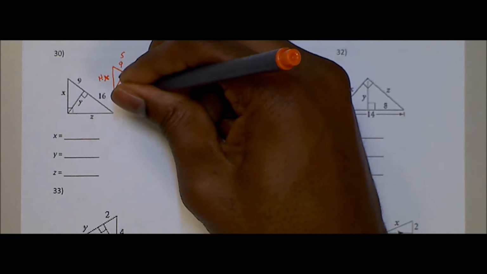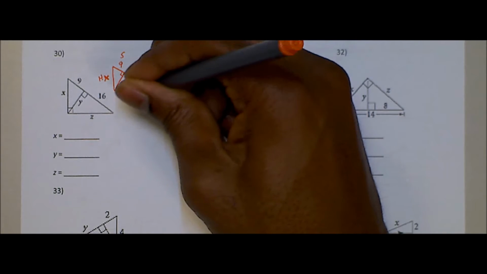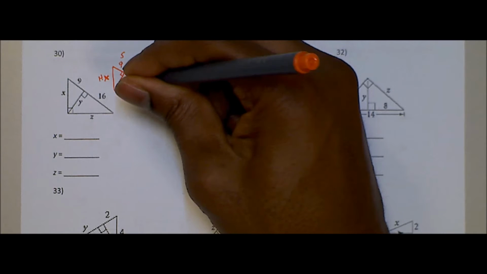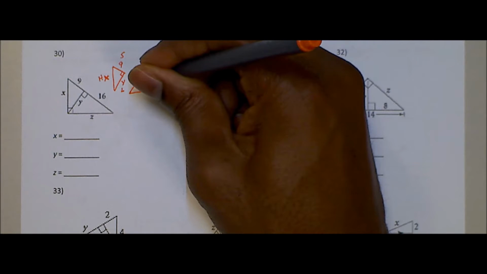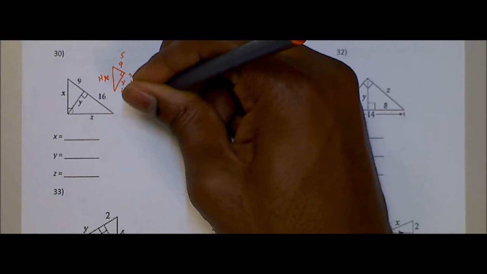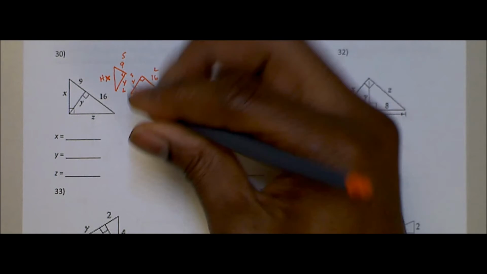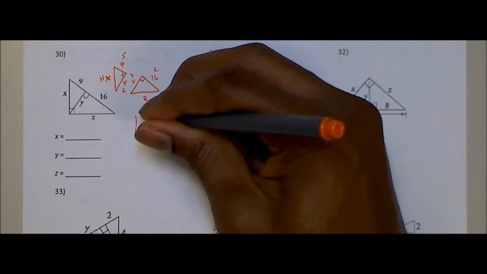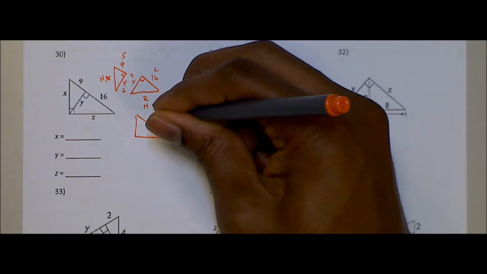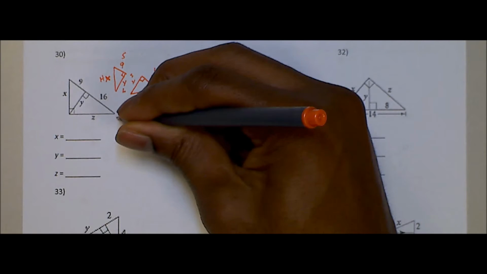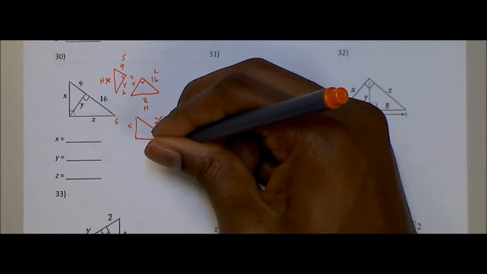This triangle here, y is our short leg, 16 is our long leg, and z is our hypotenuse. And then the original triangle, 25 is our hypotenuse, x is our short leg, z is our long leg.